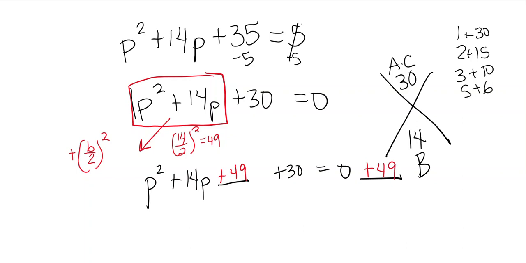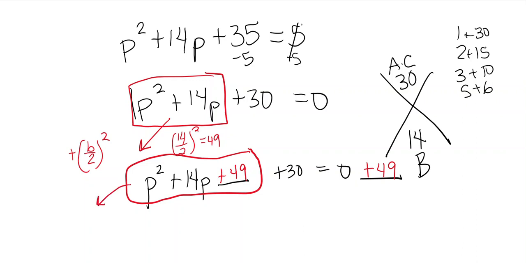What you do to one side, you have to do to the other. So I haven't changed the equation. I still have p squared plus 14p plus 30 equals 0. All I've done right now is add 49 to both sides. The reason I've done this is so that I have this perfect square trinomial that can be factored.